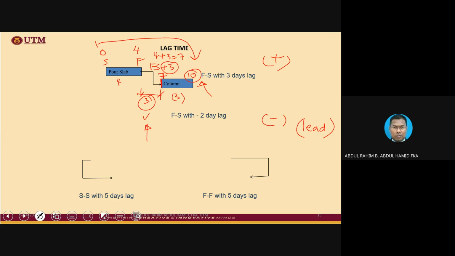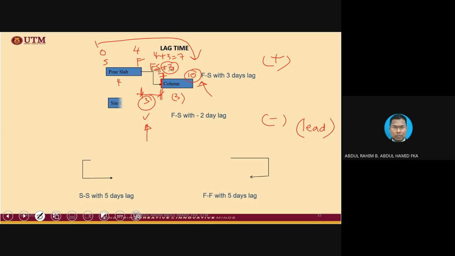But negative lag is simply basically lead. Okay, we'll look at those things. So positive lag is basically the delay in between the ending of the previous activity and the starting of the subsequent activity. So this is the example.